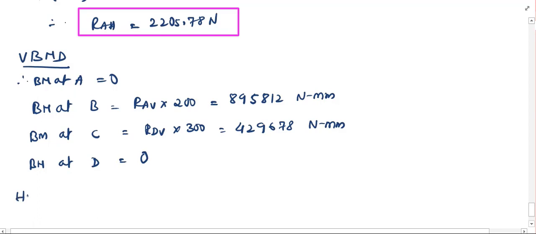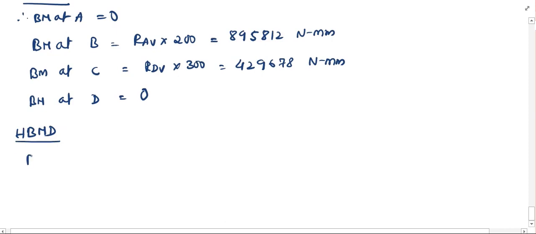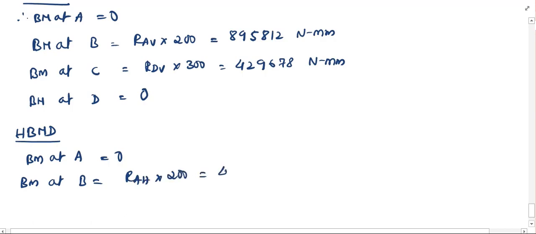Let me draw the horizontal bending moment diagram. Calculate the moments at the horizontal bending moment diagram. Therefore, the bending moment at A will be equal to 0. Bending moment at B is equal to RAH into 200. So that will be 441156 Newton mm.